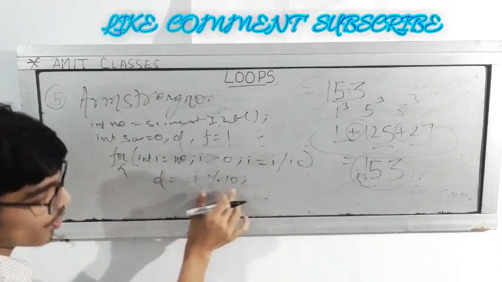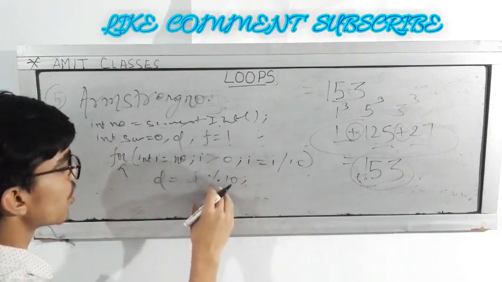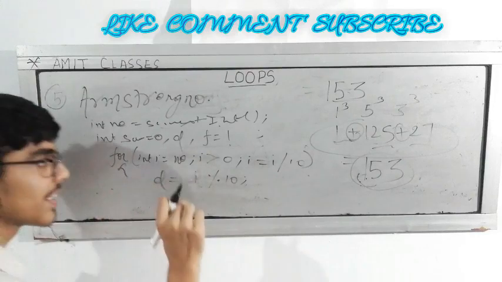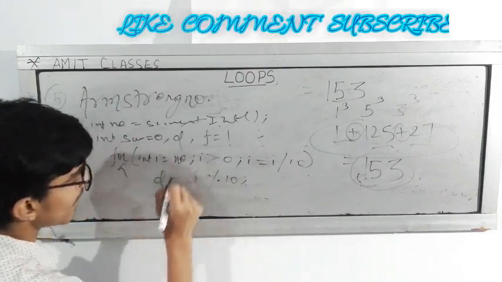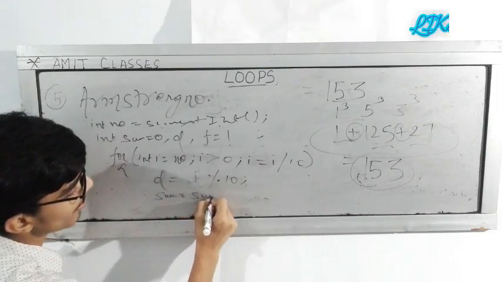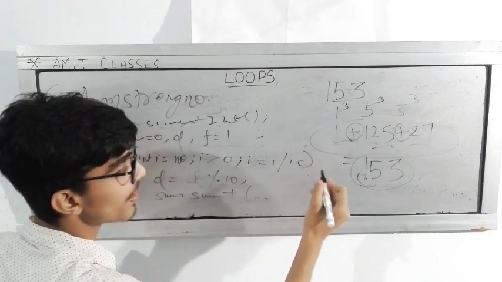We know we have taken it before to find all the digits one after each other. So we have found here the digits. So now we have to do the cube of each and every digit. So for that we have here sum is equal to sum plus cube of that digit.